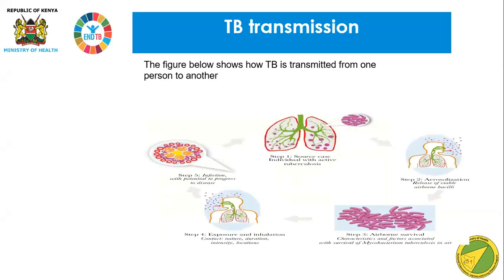So we briefly look at TB transmission, from exposure until the person falls sick or develops active TB disease. We have said that TB is transmitted through the air and not through contact with surfaces or handshake, as we've already alluded to.